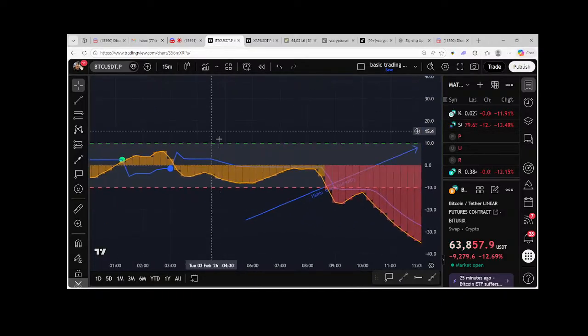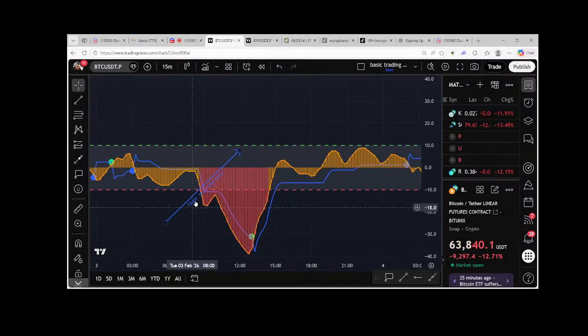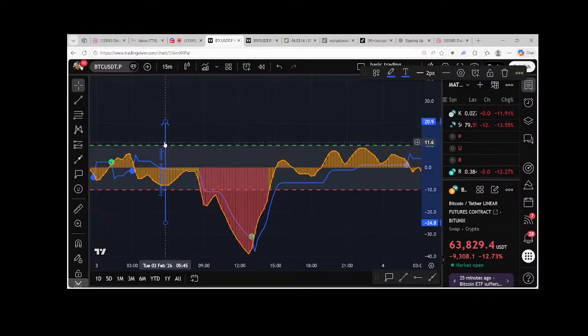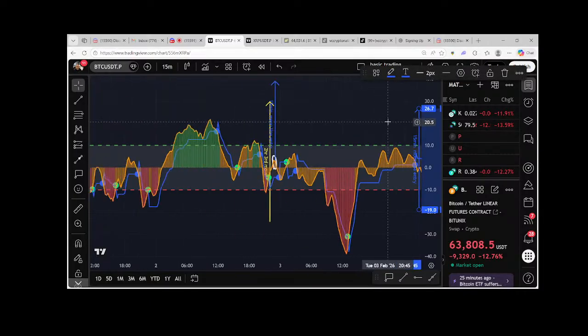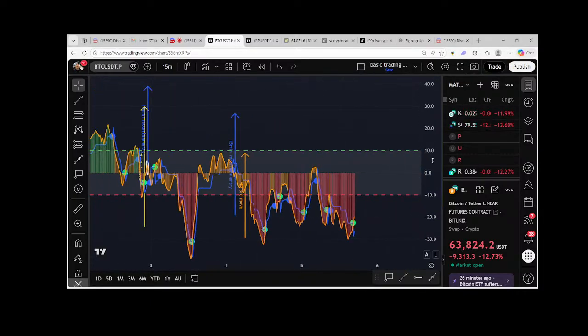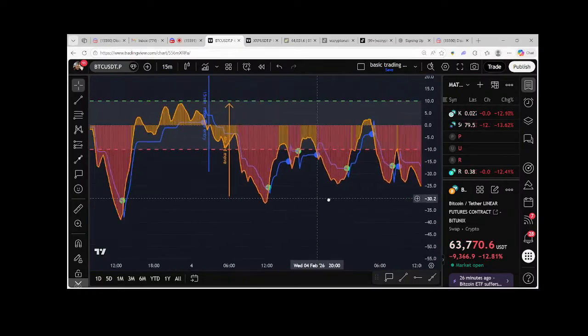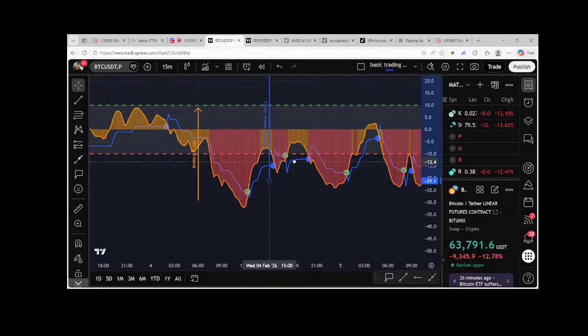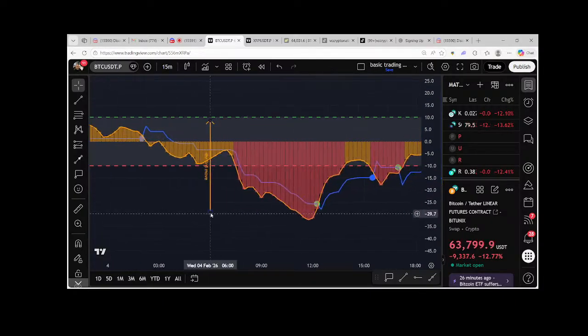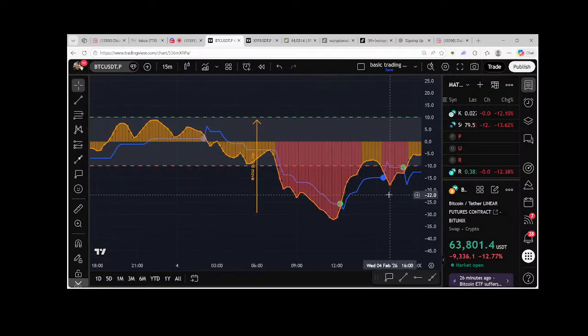Okay. Now I'm going to come over here and I'm going to do the same thing for the 4 hour, right? And you can see here on the 4 hour, you have a 4 hour third move. You can see here the 4 hour third move happens.